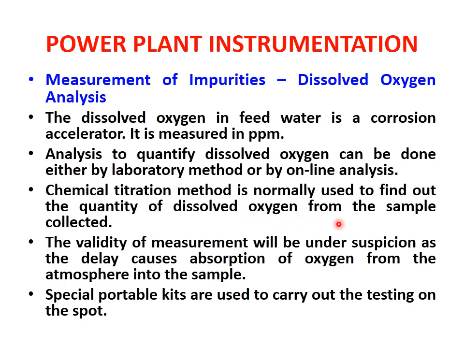The chemical titration method is normally used to find the quantity of dissolved oxygen from the sample collected. The validity of the measurement will be under suspicion, as the delay causes absorption of oxygen from the atmosphere into the sample. Special portable kits are used to carry out the testing on the spot.